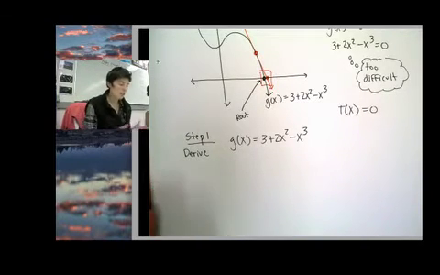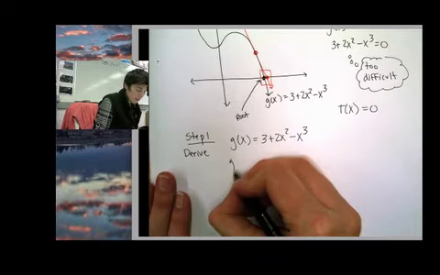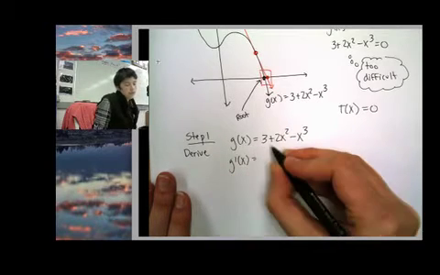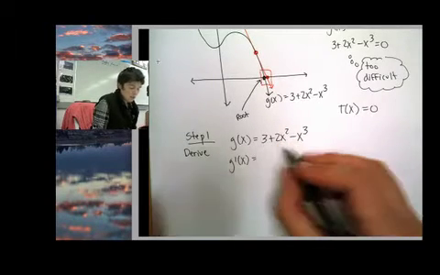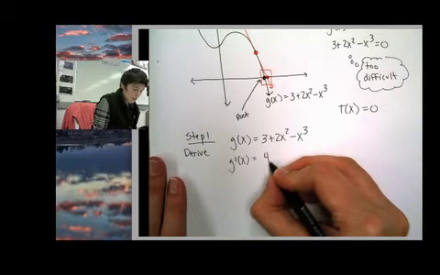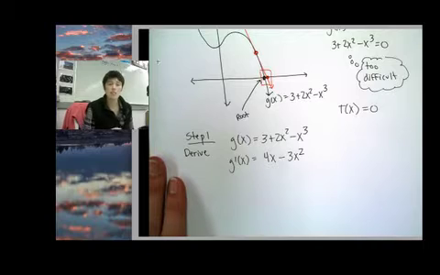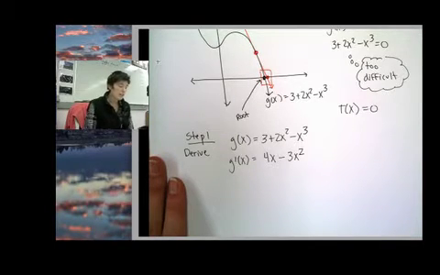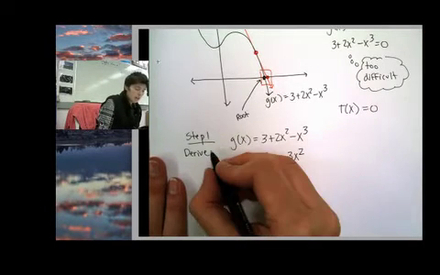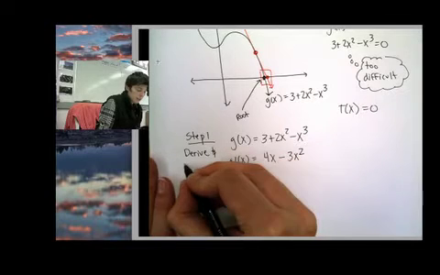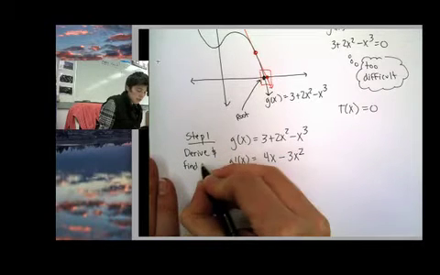So I'm going to derive this thing. I'm going to use the power rule. G prime of x equals, the derivative of 3 goes away, 2x squared becomes 4x, minus 3x squared. And then once I derive it, I'm going to find the slope. So derive and find slope is all part of step 1.